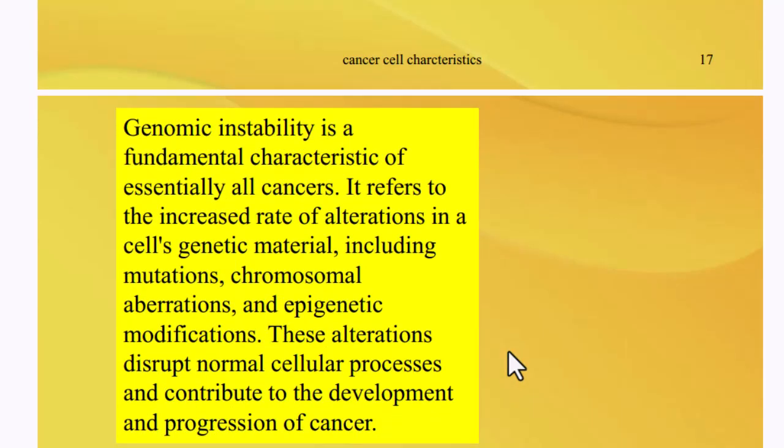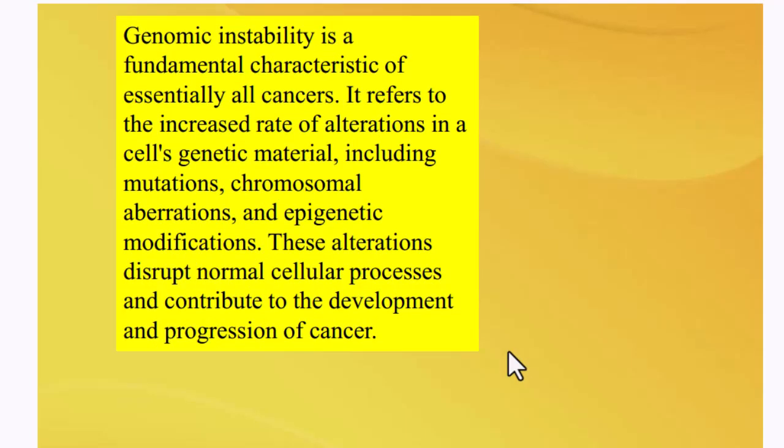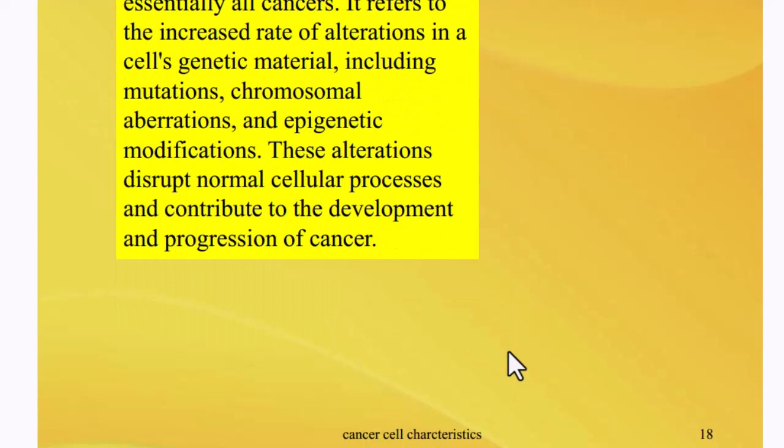Genomic instability is a fundamental characteristic of essentially all cancers. It refers to the increased rate of alteration in the cell's genetic material, including mutation, chromosomal aberration, and epigenetic modification. These alterations disrupt normal cellular processes and contribute to the development and progression of cancer.